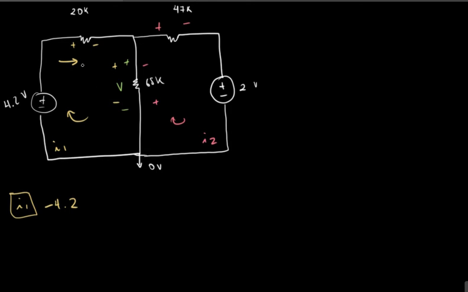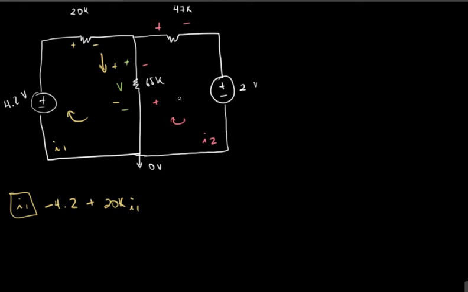Now this is entering the positive, so that's a positive 20K times the current I1, because voltage is resistance times the current. And then the next one is here. So this current is coming this way.